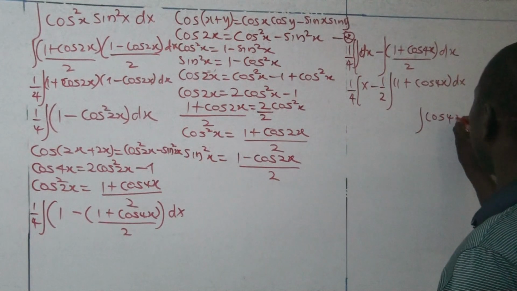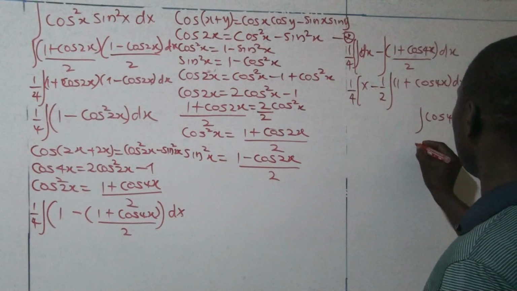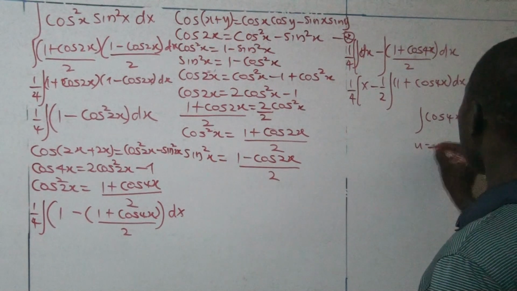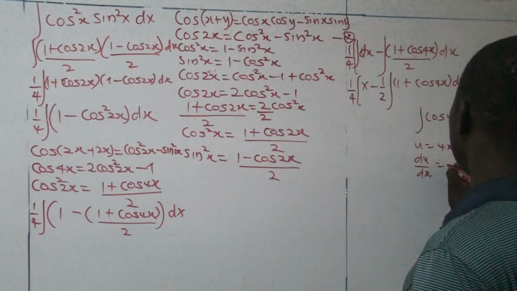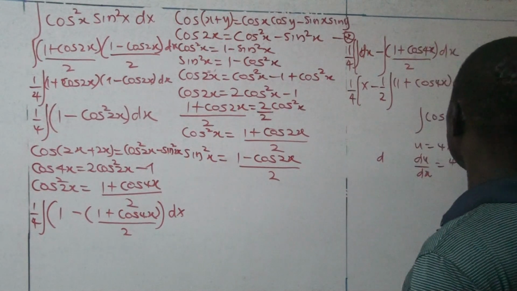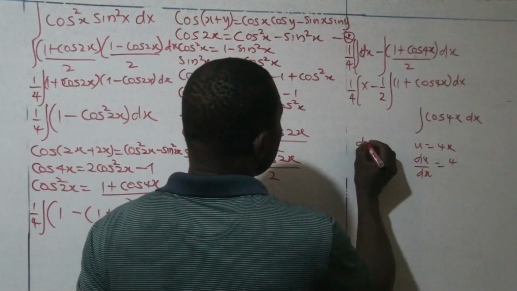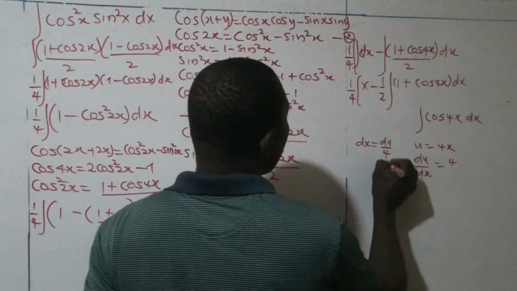Cos 4x. Here we use integration by substitution by saying let u equal 4x, so that du over dx is 4, so dx is equal to du over 4.